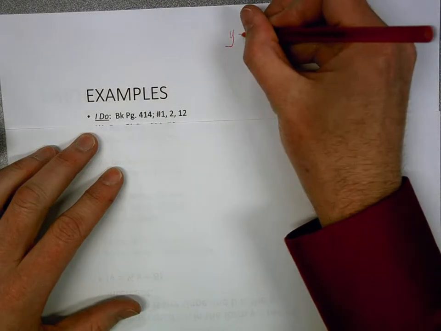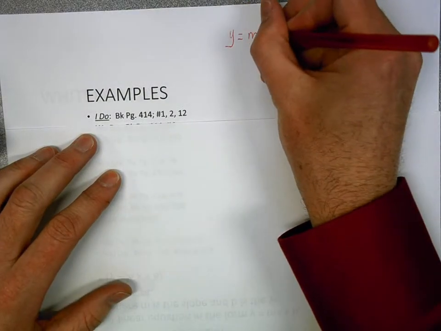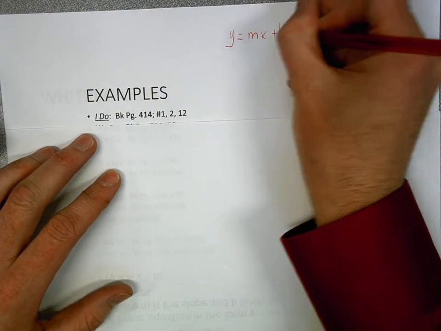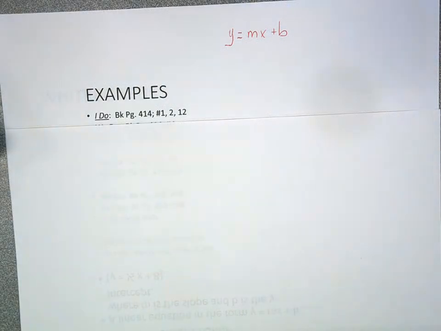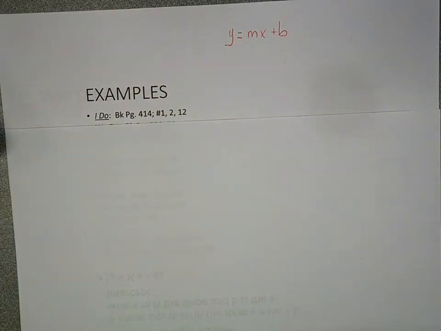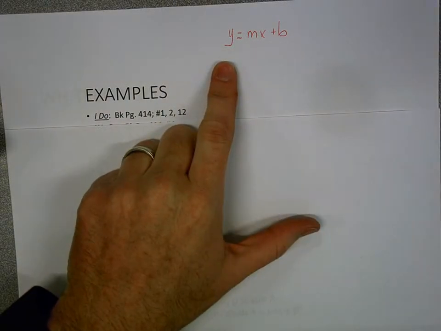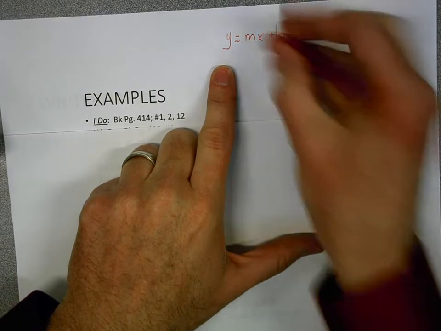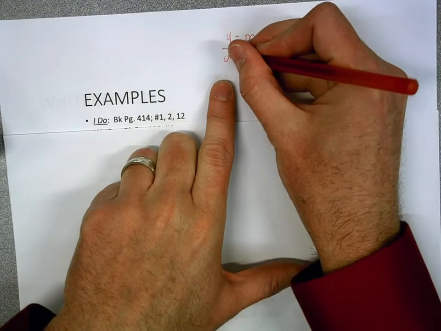All right. So, if you remember right, in our vocab, y equals mx plus b is what they called slope-intercept form. So if we take a look at problem number 1 in your book, it shows us an equation, and here's the equation.